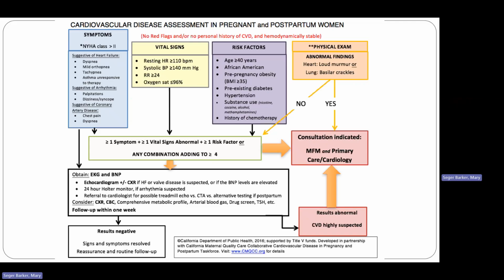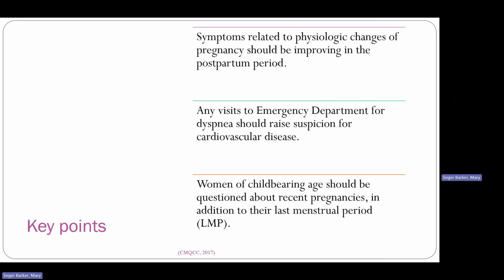This is available through the California Collaborative, an organization that's been founded since the 2010s, 2015, and all this information is available to people free of charge. You can print this up, post this, and have this in your wheelhouse concerning cardiovascular disease and pregnancy.